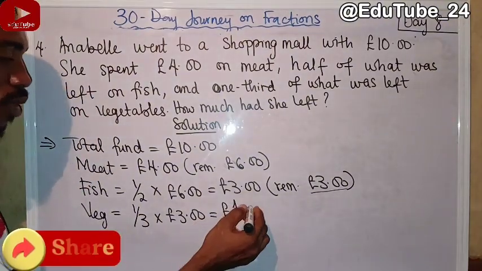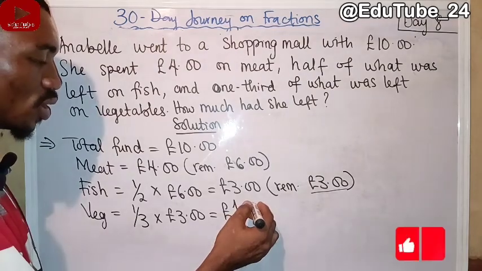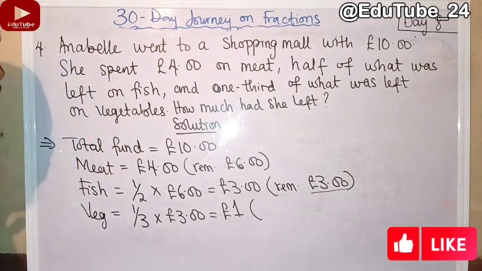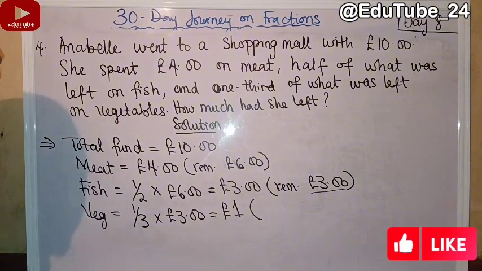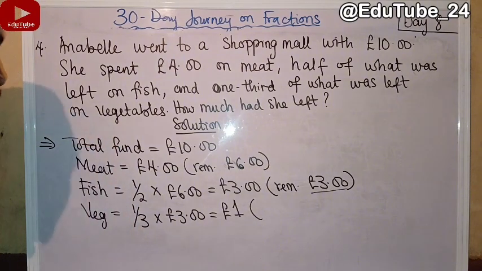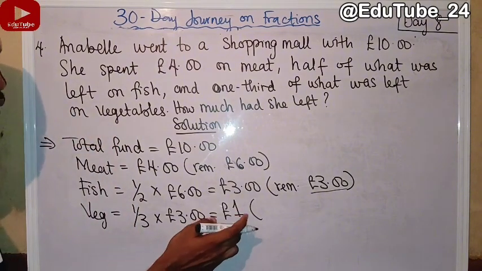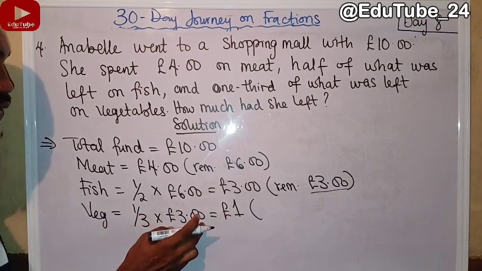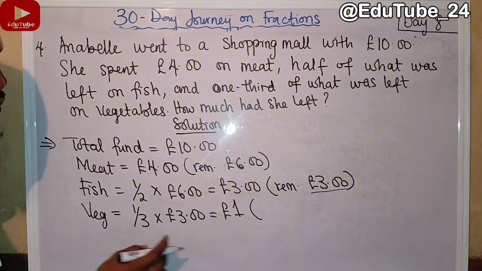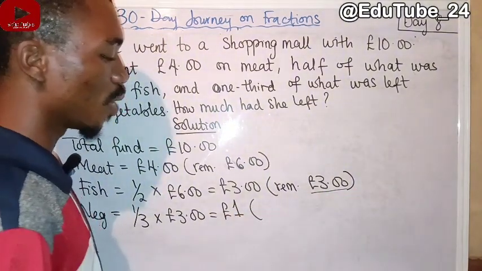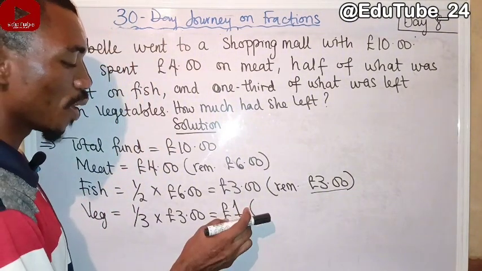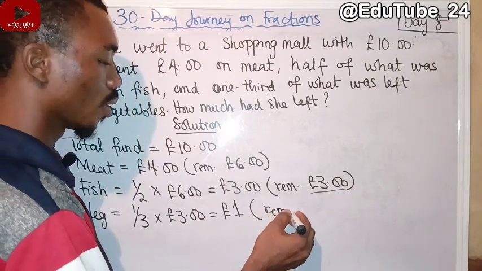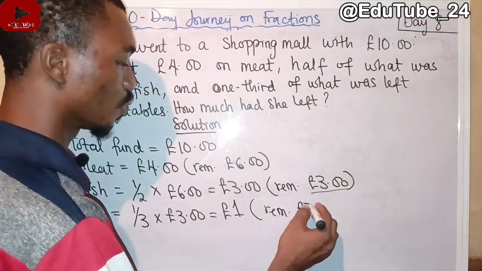Please take note, because this is actually a tricky and a little bit confusing question that many different people may tend to have different answers to. So she spent £1 on vegetables, remember. If she spent 1/3 of £3, which is £1, on vegetables, and initially she had £3 left, that means £1 out of the £3 that she had left. So the remainder of her money is £2.